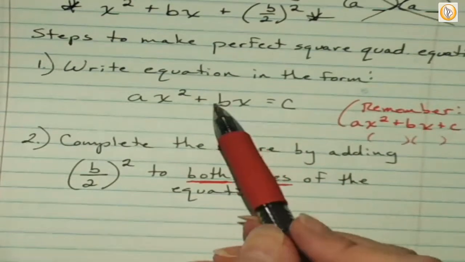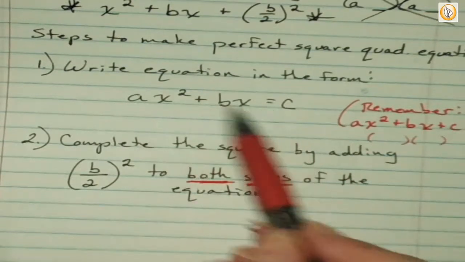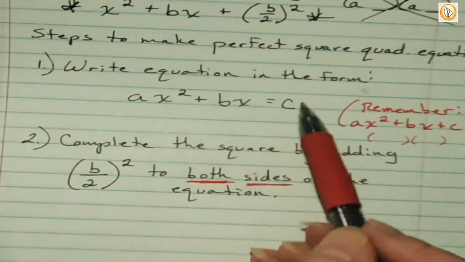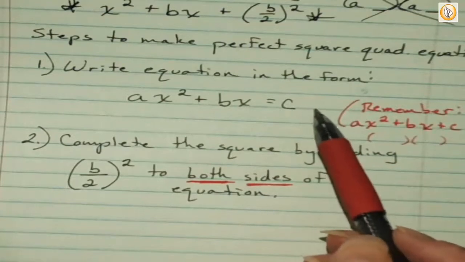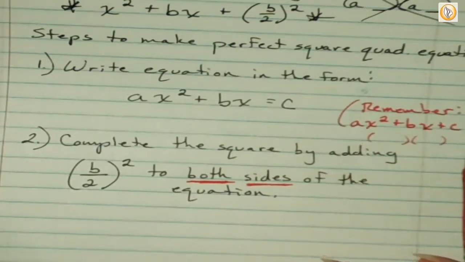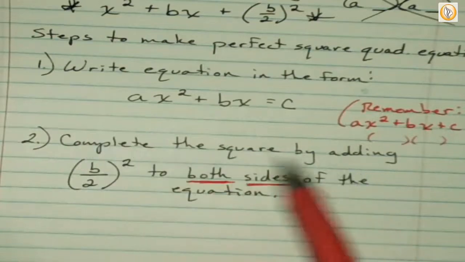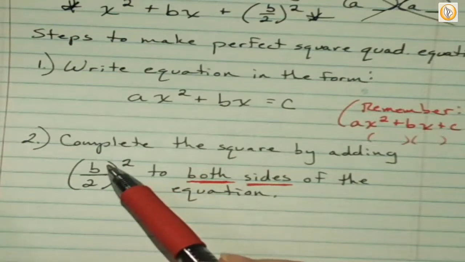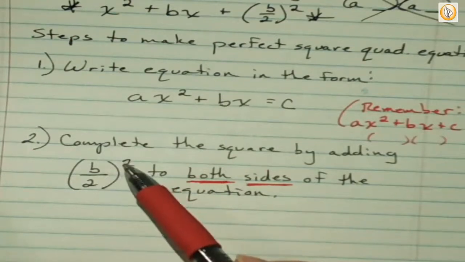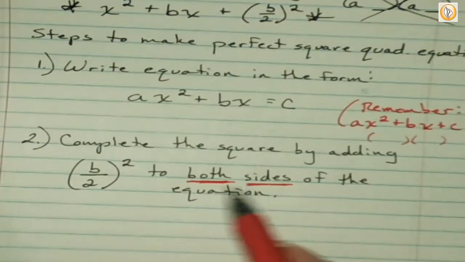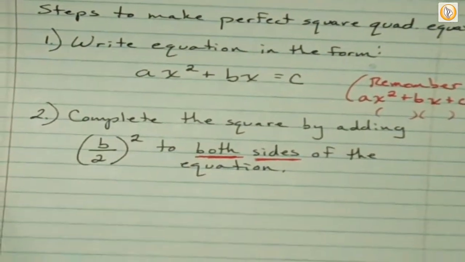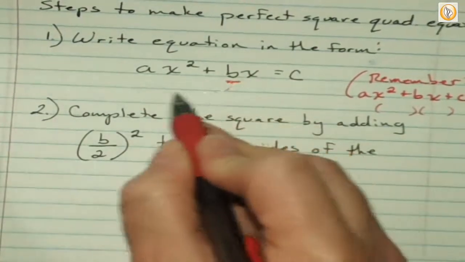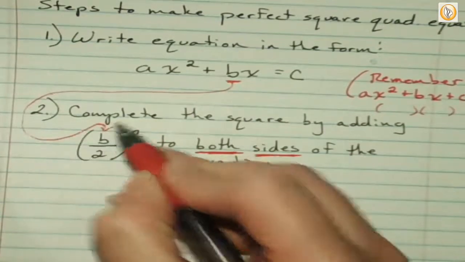So first thing you do is rearrange your equation to where it's ax squared plus bx equals c, so that the c, the number that's all by itself, is on this side of the equal sign. No longer is it going to be equal to 0. Then you're going to complete the square by adding. Now this b is whatever number you've got right here. So whatever number you got right there, divided by 2 and then squared, and you're doing that to both sides of the equation. So this b is what you're putting right there.